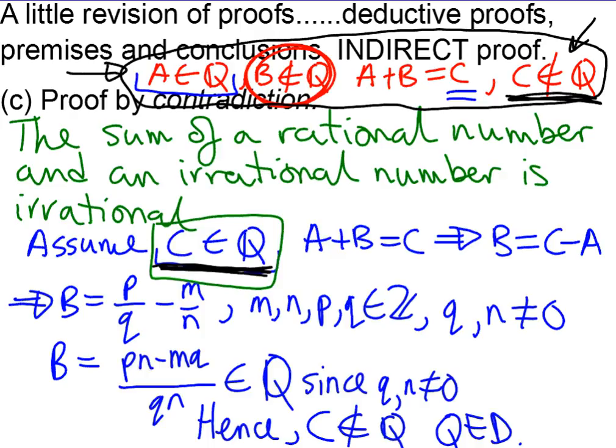In some textbooks they put a sign like this to signify a contradiction of what we assumed at the beginning. And that establishes that our assumption must have been wrong. Therefore C is irrational. Well, these are three processes we'll be using as we reflect on the process of proving something.